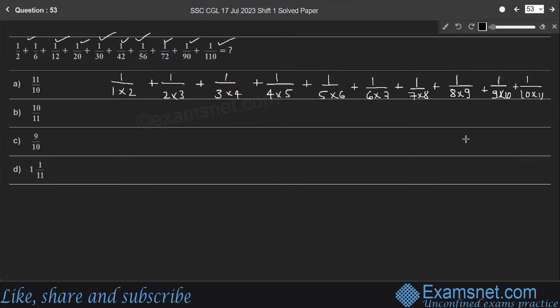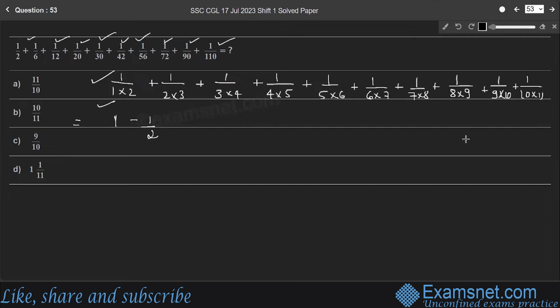Here, 1 by 1 into 2 is nothing but 1 by 2, so we can write it as 1 minus 1 by 2. Otherwise you can directly go to this step. Instead of writing 1 by 1 into 2, it is better to write this first step, so it will be easy for you.